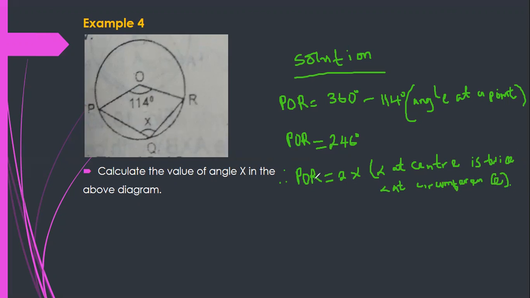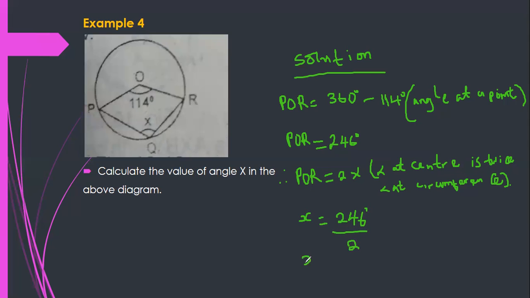So POR equal to 2x, which means we are dividing this value by 2 to get x. Yeah, so half of the angle at the center is going to give us the angle at the circumference here. So according to the circle theorem, we have x equal to 246 divided by 2.